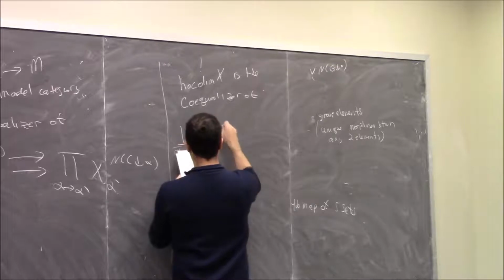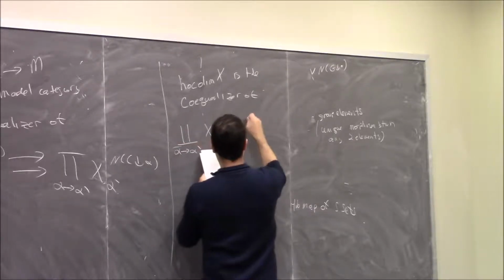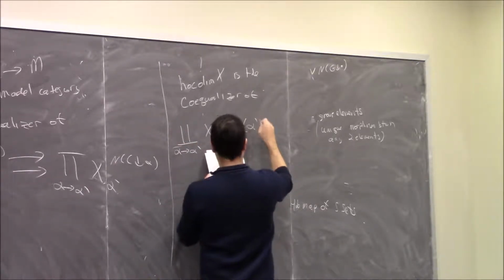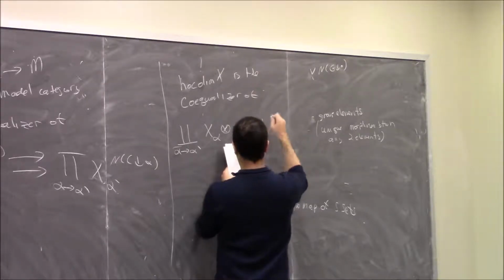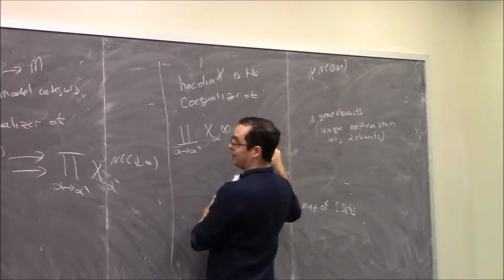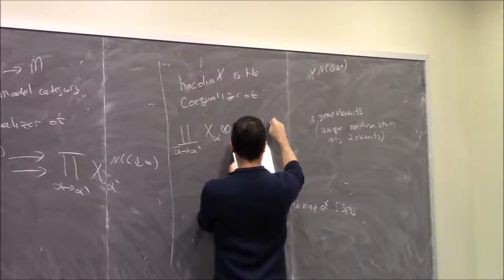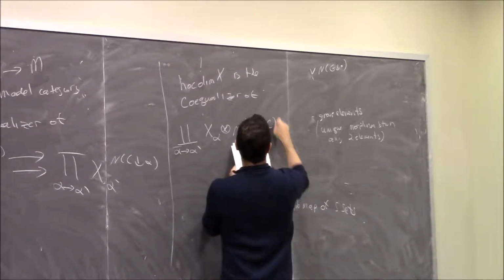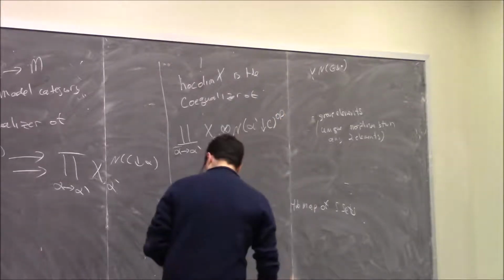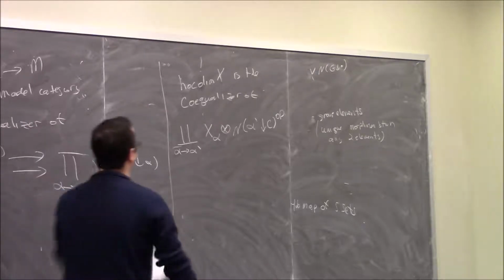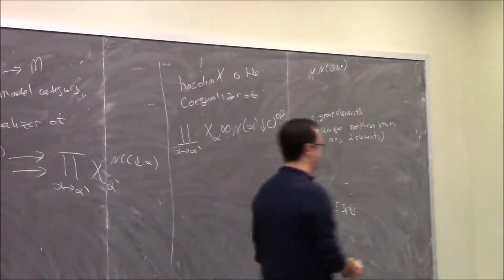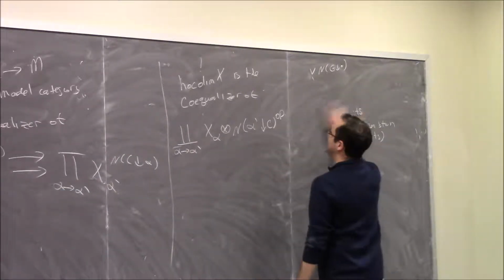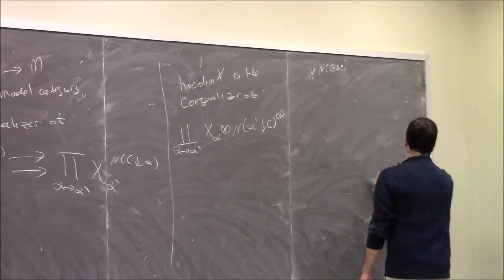We have X alpha tensor nerve of the, I've been mixing up over category and under category. I think it's the category under alpha. Everything's reversed.